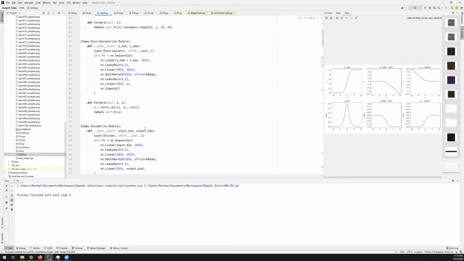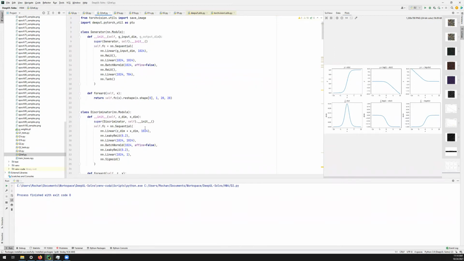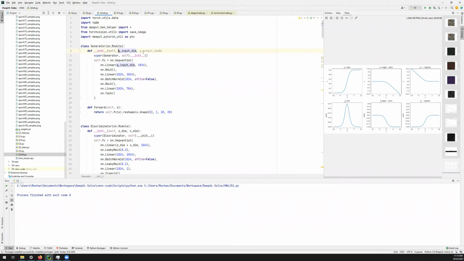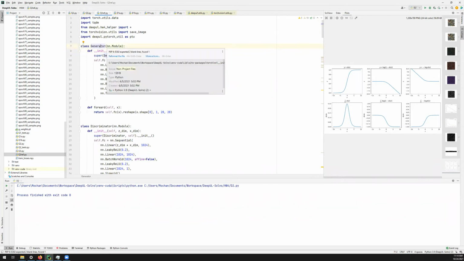So these are the 3 things that are already there. So the generator needs to take in input dim, which is given here. It's 50.